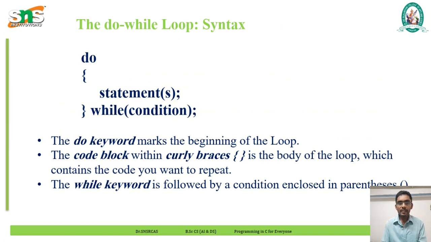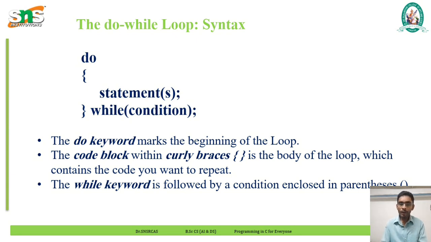The next thing about do while loop is syntax. The do while loop starts with the keyword do and the open brace and a set of statements, or it may be a single statement, enclosed within the open brace and close brace.